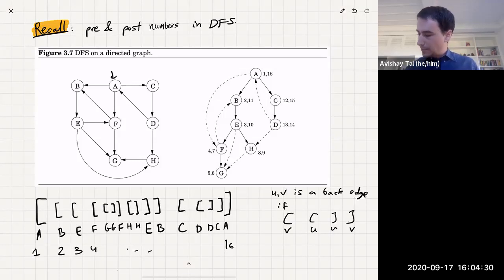For example, what is a back edge here? The one from F to B is a back edge. Indeed, the interval of F is contained in the interval of B.